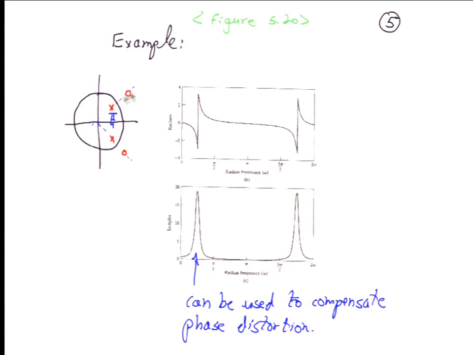The zero at this side is going to contribute exactly the same phase response as the pole at this position. And so their phase response is just going to be doubled, as if there were two poles at this position. The result of the phase here would be exactly the same, in terms of its effect, as if there were actually two poles or two zeros at this position.